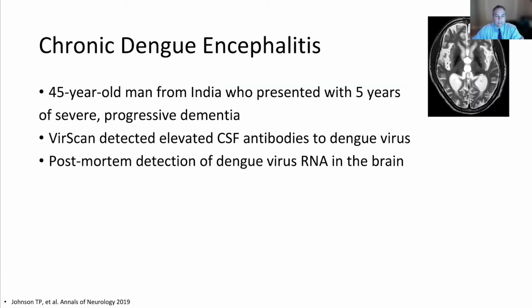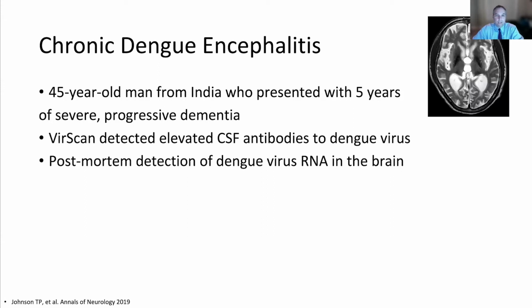And so as a nice proof of principle of the role of this technique for diagnosing neuroinvasive viral infections, Dr. Nath, who's co-chairing this panel with me today, worked up a case with Ben Larman of a patient with a relatively rapidly progressive dementia who's originally from India, and who'd had a massive diagnostic workup without a diagnosis.